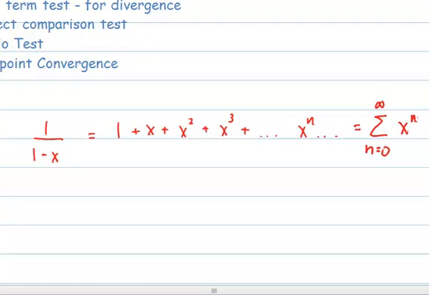What we'd like to figure out is under what conditions this series would converge.